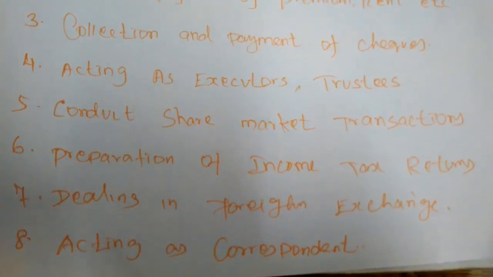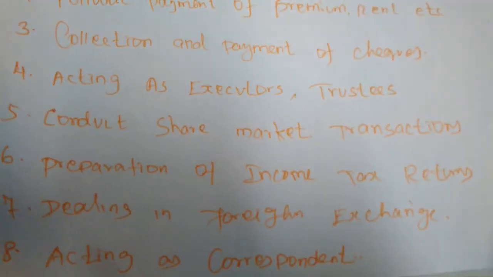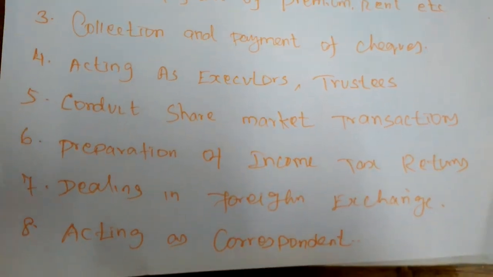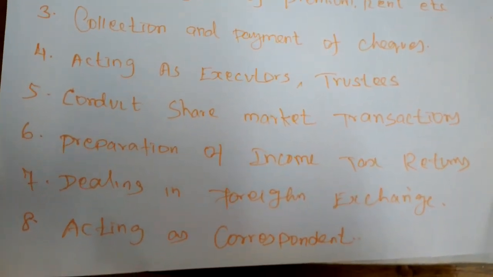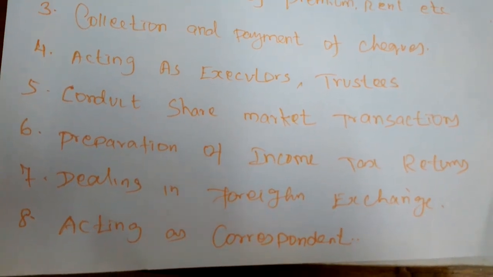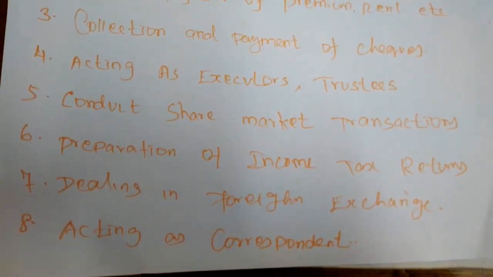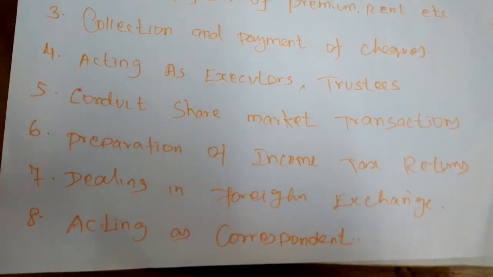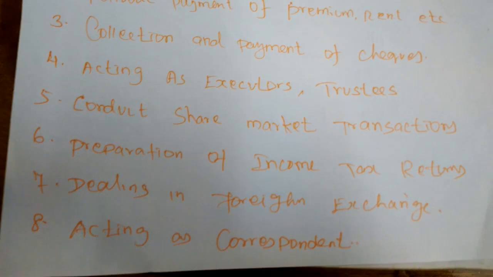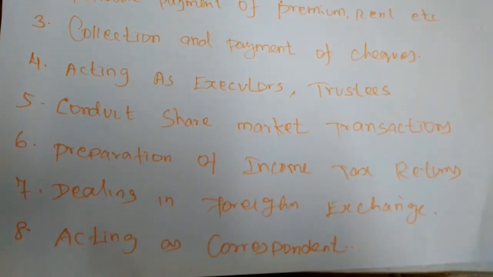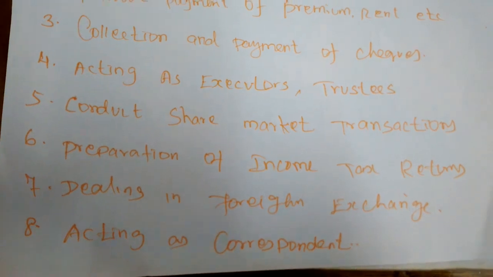Next, conduct share market transactions. A demat account should be opened with a depository participant, and that demat account should be linked with the savings bank account by the customer. A demat account is one type of account used by persons involved in share transactions or the share market.